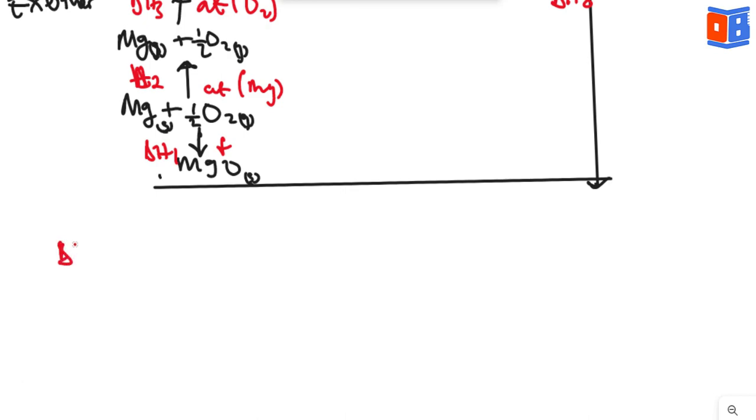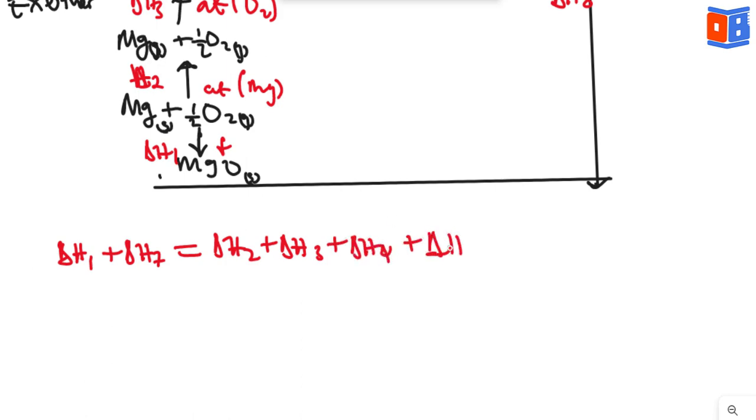So delta H1 plus delta H7 will now be equal to delta H2 plus delta H3 plus delta H4 plus delta H5 plus delta H6 plus delta H8. So if we are looking for lattice energy, which is delta H8, we can always make this subject of formula, and we will calculate our value for lattice energy.